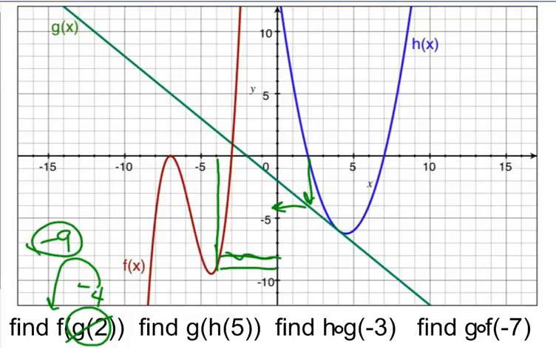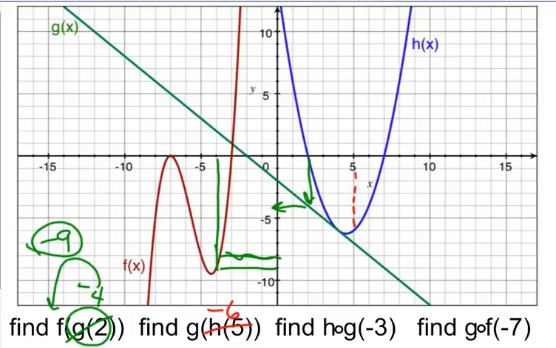All right, so help me with this one. See if you can do it without me scribbling all over the graph. H of 5, H is the blue one. -6. Then we're putting that -6 into G. G is this guy.